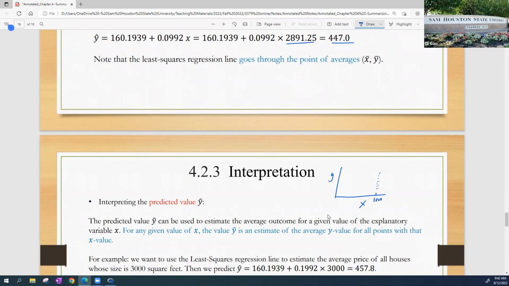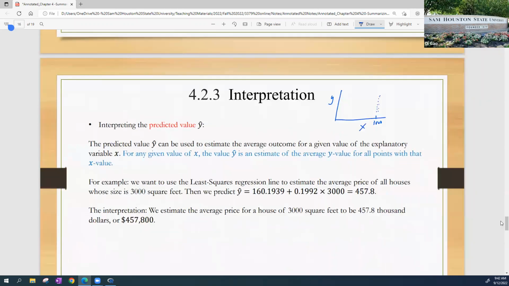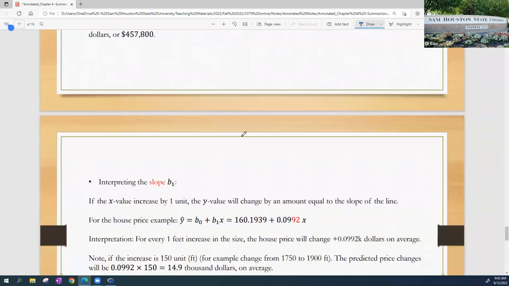That means for 3,000 square feet houses, the prices are different, and that gives us a distribution at this level. The mean of that is 457.8. That's the interpretation of the predicted value y hat.